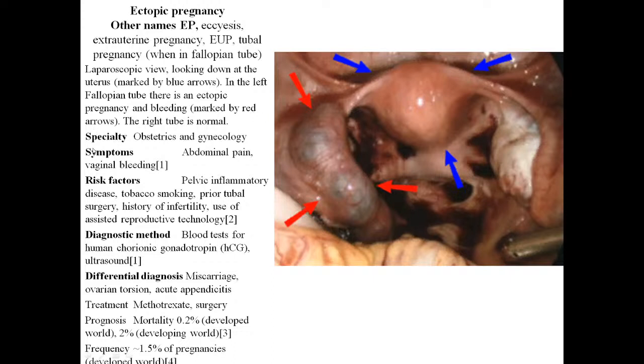The specialty is obstetrics and gynecology. Symptoms of this disease: abdominal pain and vaginal bleeding.